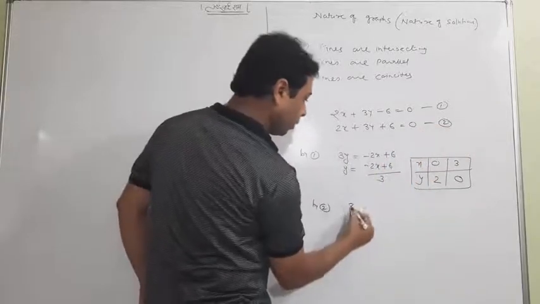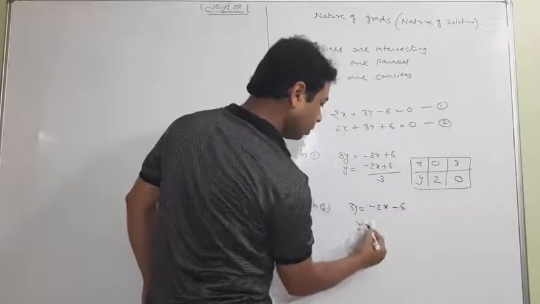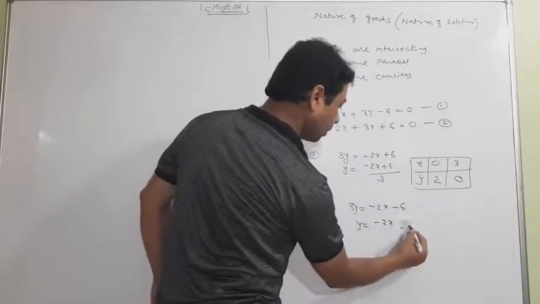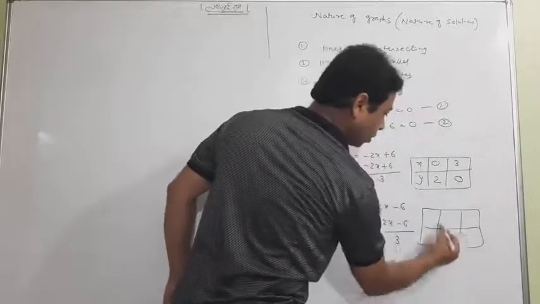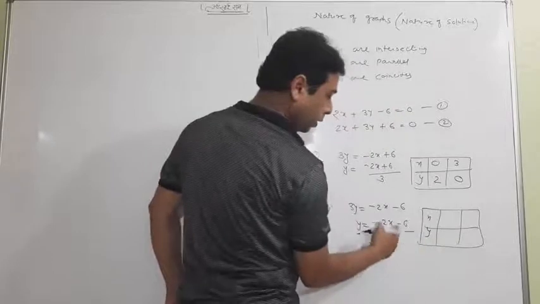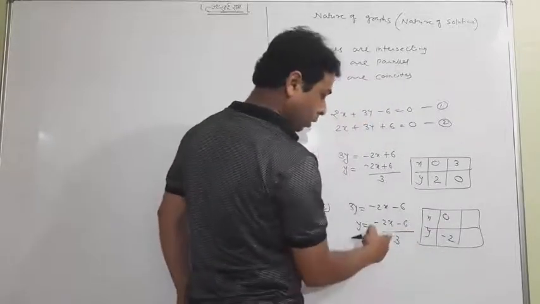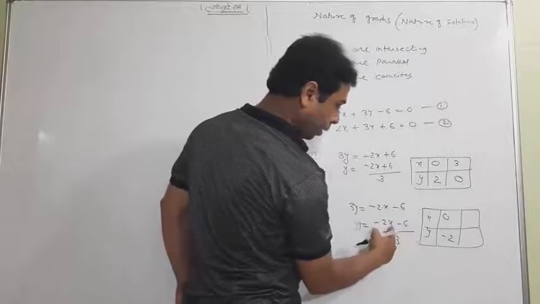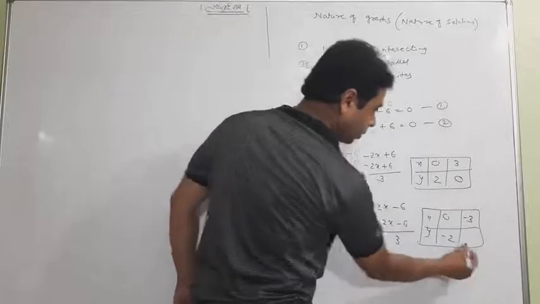I'll find 3y is equal to, transferring to both sides, minus 2x minus 6, y is equal to minus 2x minus 6 upon 3. Again search out some values of x and y. Suppose x is equal to 0, minus 6 by 3, minus 2, and suppose y is minus 3, so minus 6 plus 6 is 0.